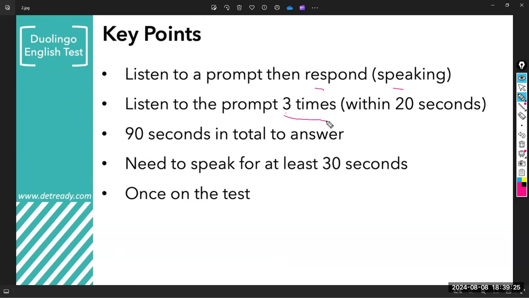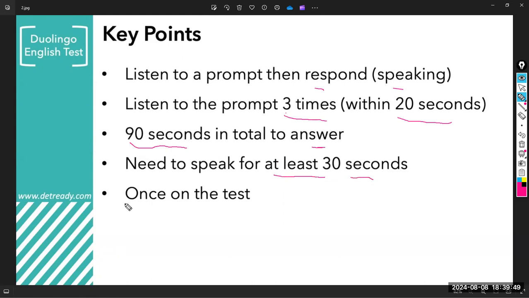Please exploit these 3 chances to completely understand the prompt. And the 3 times is going to be within 20 seconds. Now I have a maximum of 90 seconds to completely answer the prompt, and I have to speak at least 30 seconds.